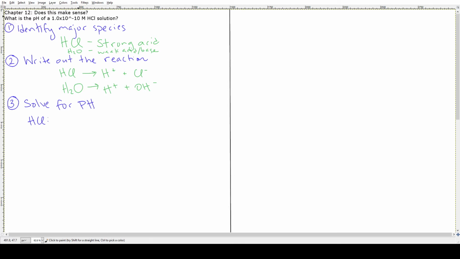So I know the concentration of the entire compound, and I know that there's one hydrogen for every hydrochloric acid compound. So I have 1.0 times 10 to the negative 10 is the concentration of hydrogen. And I also know that it's a 1-to-1 for the chlorine ions as well.